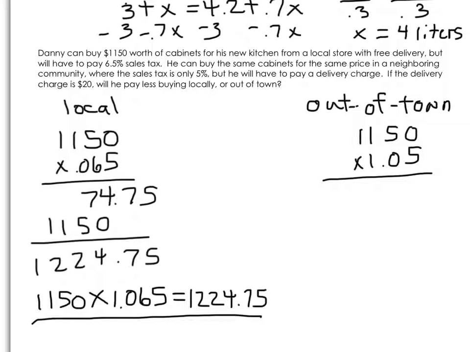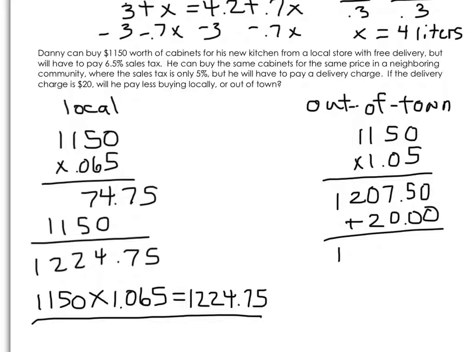So 1,150 times 1.05 gives us our total buying price of $1,207.50. Now we need to add in that delivery charge. We have to pay $20 for the delivery charge. So that gives us $1,227.50.